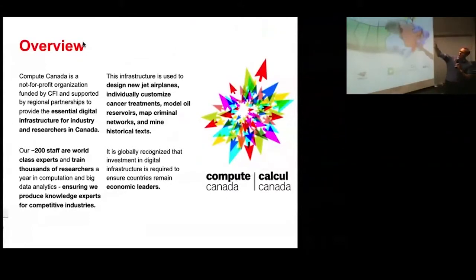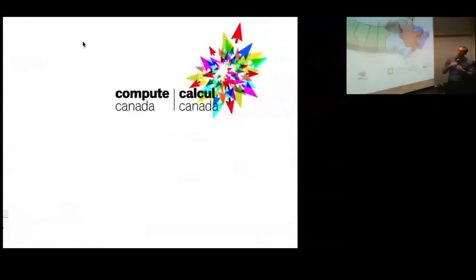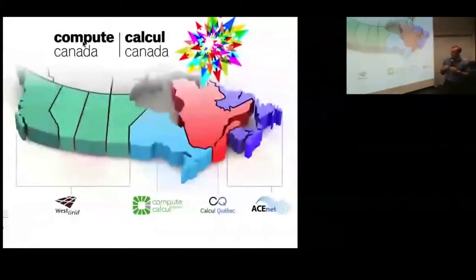Compute Canada is the large umbrella organization that looks after Canada as a national body. But there are four major consortia that make up Compute Canada. On the far east of Canada, we have ACENET, which looks after the Atlantic provinces. We have Calcul Quebec, which looks after Quebec.